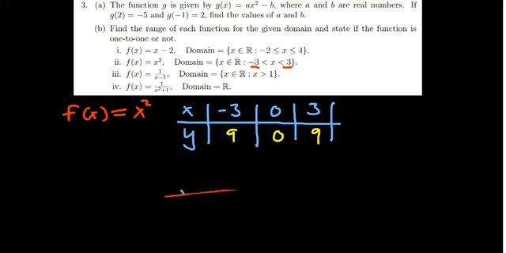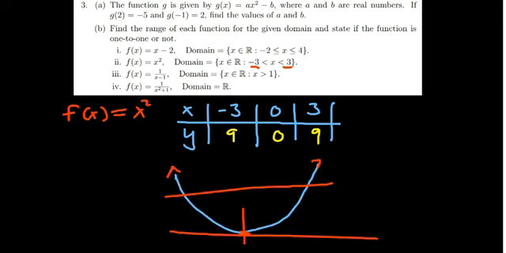Now, restricting the domain to a point where we're reaching only 9 would mean that it's ending maybe, let's say, somewhere there. This is -3 and this is +3. It's only ending at 9. So we can't go beyond.